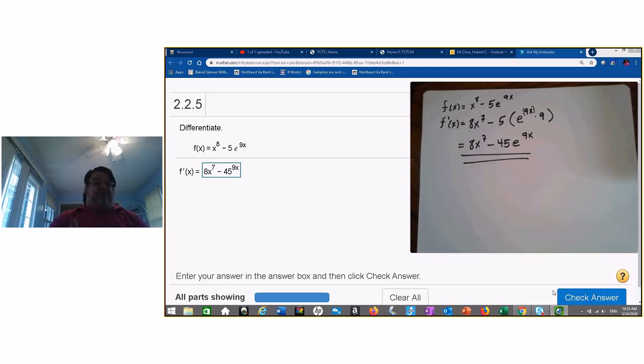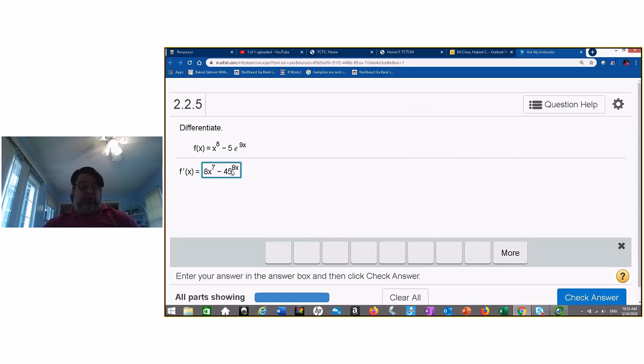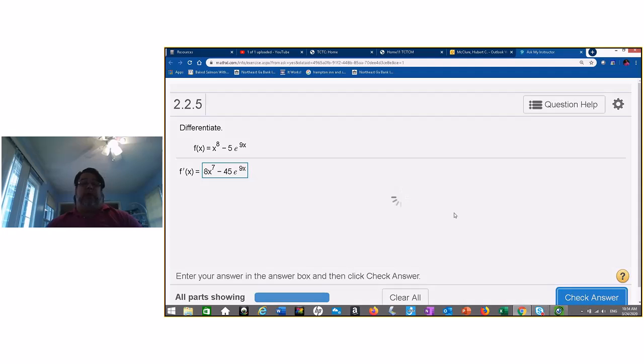And that's the answer. If you see the answers right there, 8x to the 7th minus 45e to the 9x. Oh, you didn't put the e to the 9x. That's why you got it wrong. Let's go with the e right there. And now hit check answer. Yay! That's a good test question.